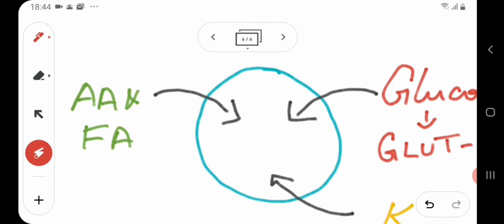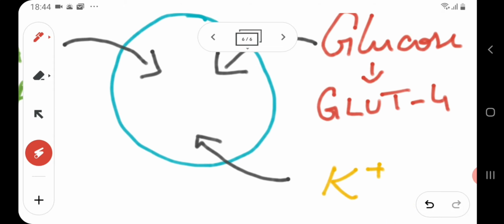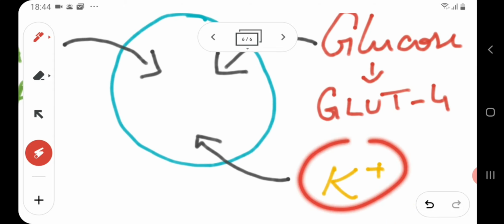So this is amino acid and fatty acids. So another effect of insulin on the membrane of the cell is that it enhances the entry of amino acids and fatty acids into the cell. The third one is potassium.